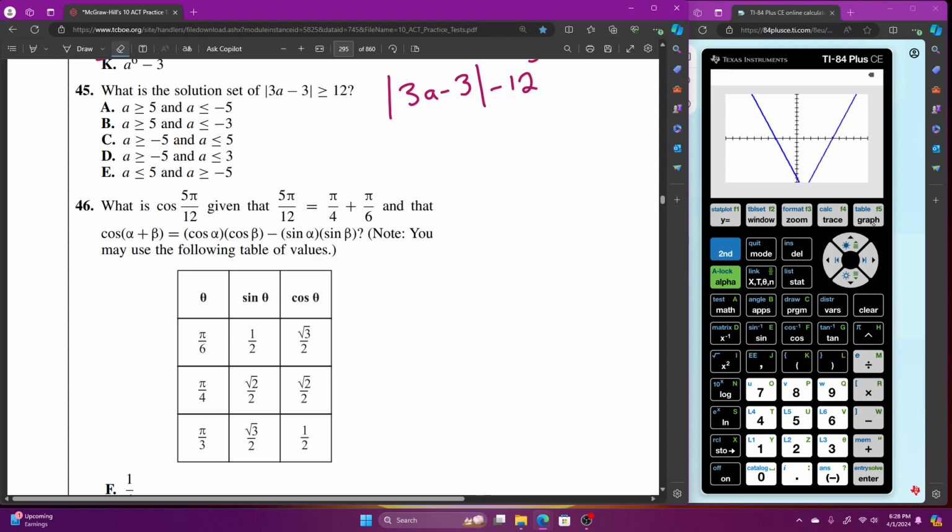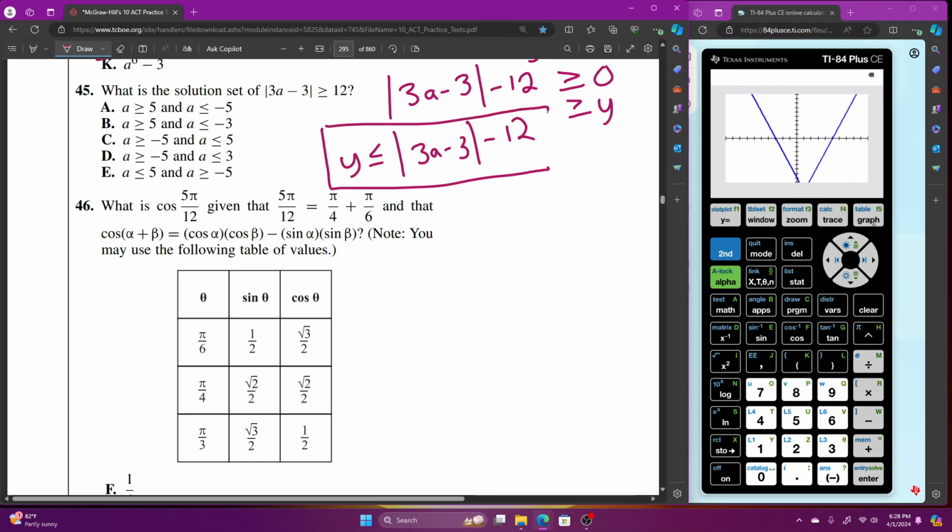We subtracted the 12, is greater than or equal to 0. And that's our y is greater than or equal to sign. But we flipped it around over here to the front, y. So we've got to flip our sign. Is less than or equal to the absolute value of 3a minus 3 minus 12. This is what I needed to put in right here.